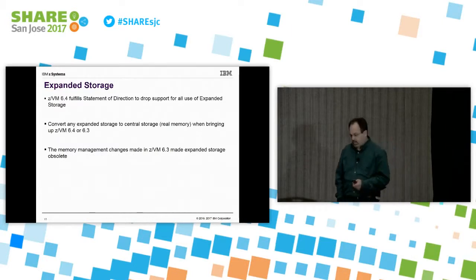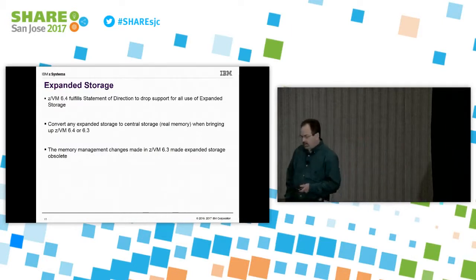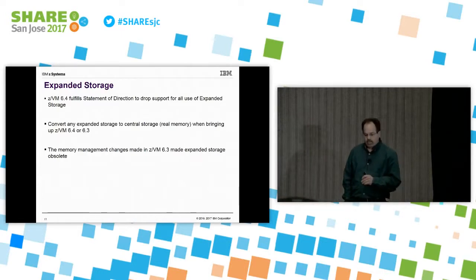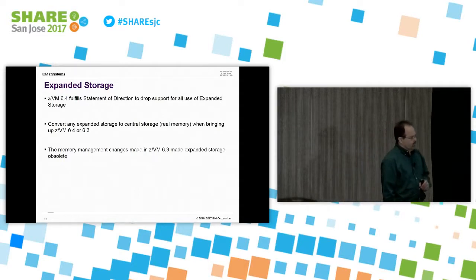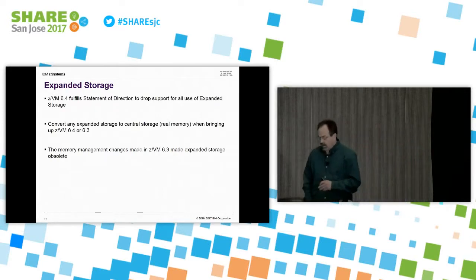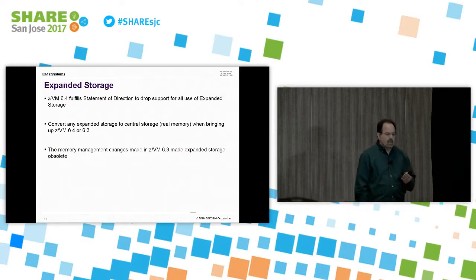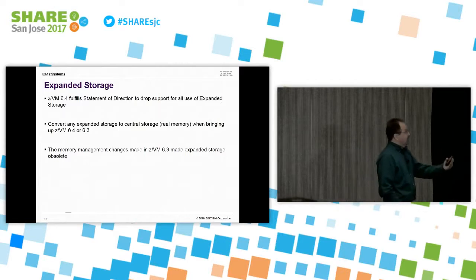Expanded storage: when 6.3 was released, we had a statement of direction saying we were going to end support for expanded storage, and that is now true with z/VM 6.4. So there is no more use of expanded storage by z/VM, starting with 6.4. Whether you're running 6.4 or 6.3, you should convert anything you had defined as expanded storage. In 6.3 the system will use it if it's there; in 6.4 it will not.